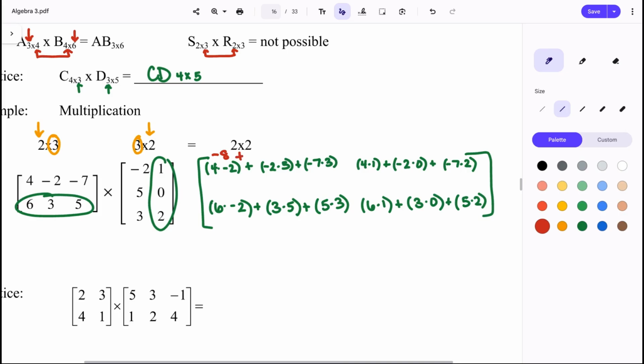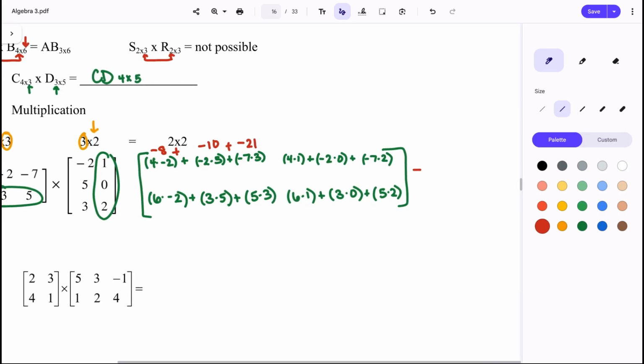Negative 2 times 5 would be negative 10. And then negative 7 times 3 would be negative 21. So what's negative 8 plus negative 10 plus negative 21? Yeah, so negative 39 is going to be your first element in your final matrix.